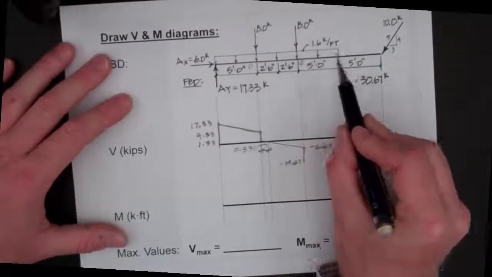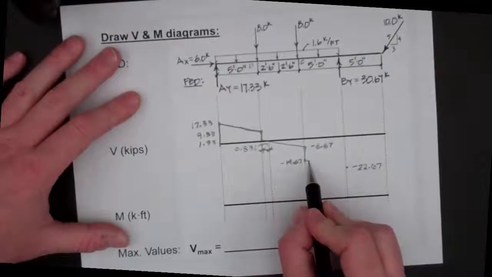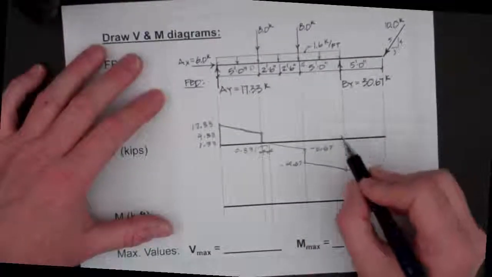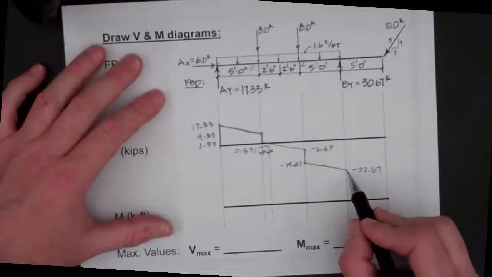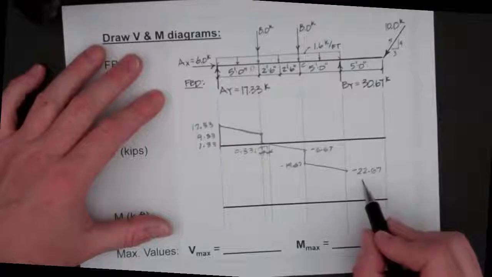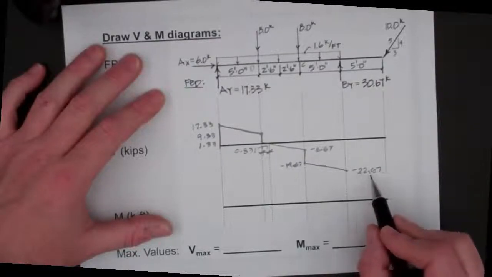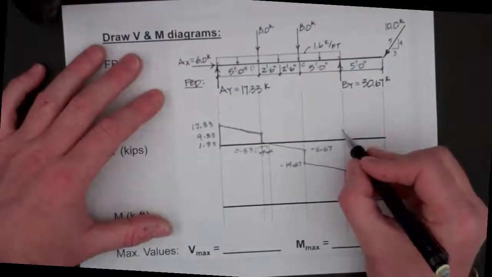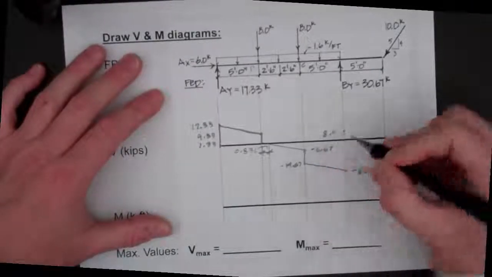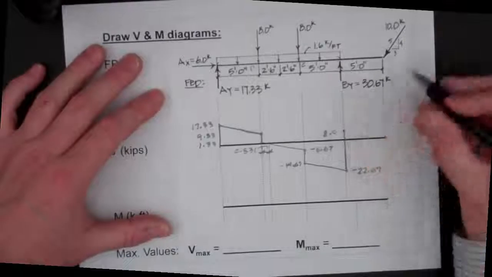And then, right here, constant. So from here, now we have a 30.67 kip reaction at point B, so we're going to go up that 30.67 kips. And when we add that to the negative 22.67, we get the new shear at 8 kips with no slope. We just go straight up and straight across from there.